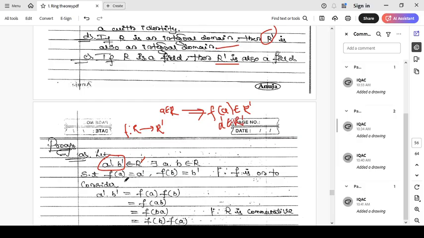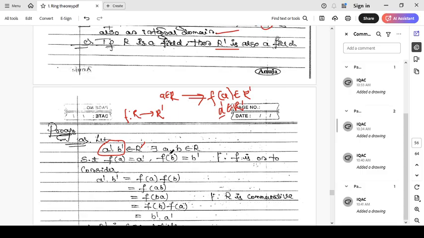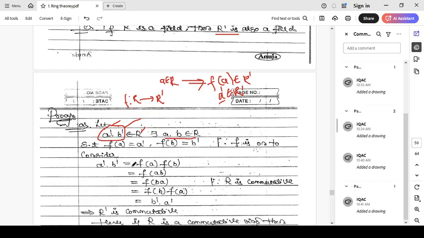Same thing we are considering over here. So a' belongs to R' and b' belongs to R' we have taken. So there exist a, b belonging to R, obviously, such that f(a) = a' and f(b) = b', because f is onto, right?